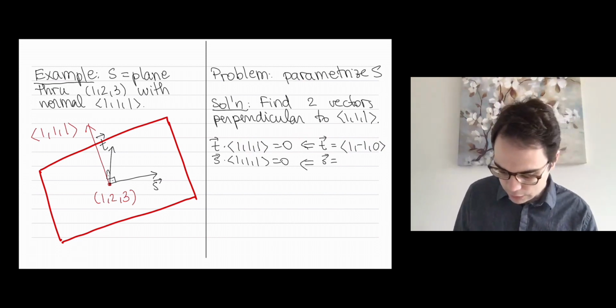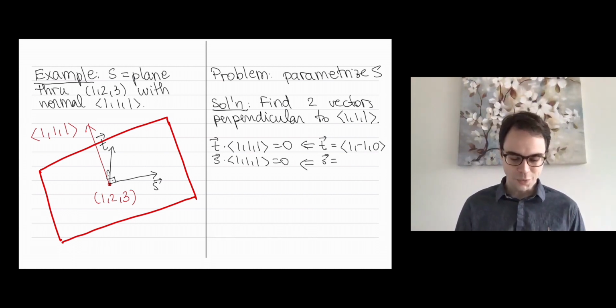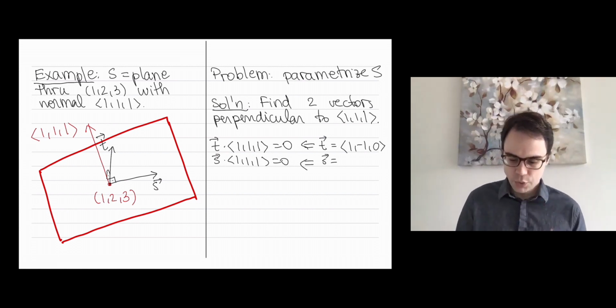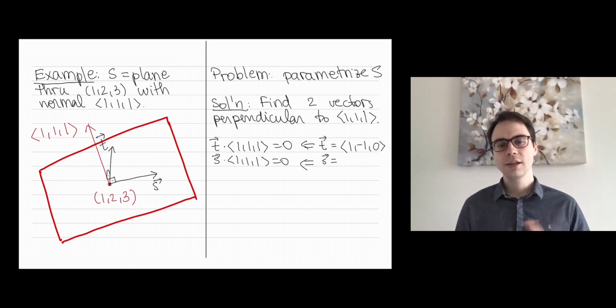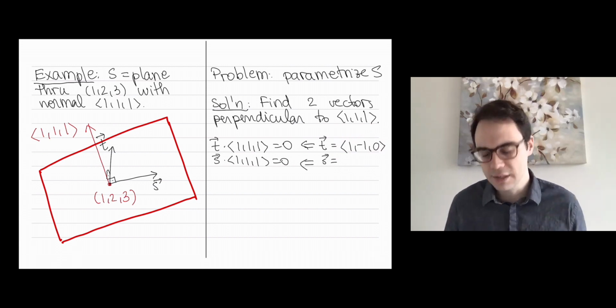And now for S, there are a few possibilities. Let me just tell you the possibilities you should avoid that won't work here. When I say two vectors, you can't give me the same vector twice. I couldn't just say S is 1, -1, 0 again. I also can't just multiply T by 2, because it's basically the same vector again.